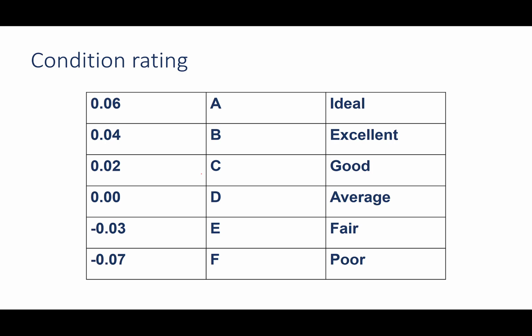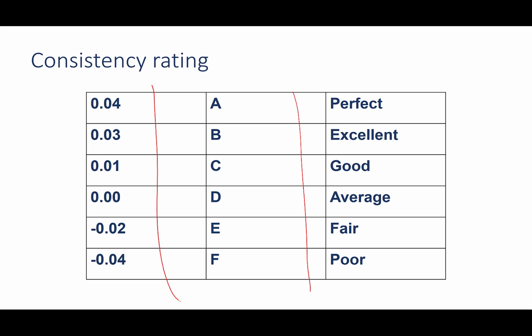Then condition rating, the conditions under which the job is to be performed: poor, fair, average, good, excellent or ideal, and accordingly the ratings are given. And for consistency, perfect, excellent, again that is rated and we assign a numerical value.